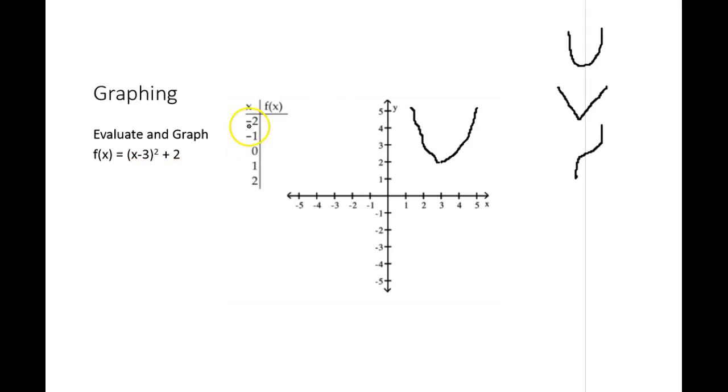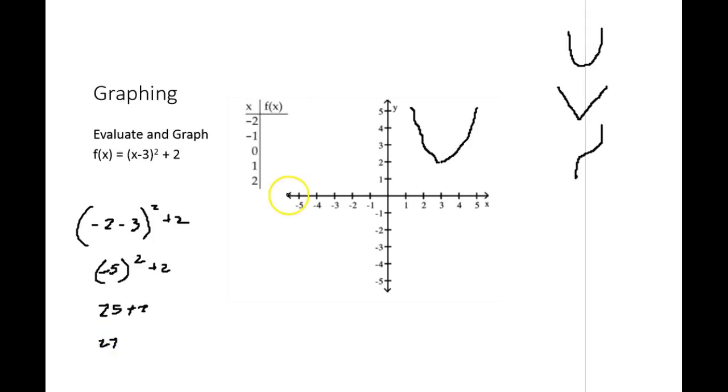Let's plug in some values here and see what we get. Plug in a negative 2. You get negative 2 minus 3 squared plus 2. Negative 2 minus 3 is negative 5. Negative 5 squared plus 2 is 25 plus 2, which is 27.